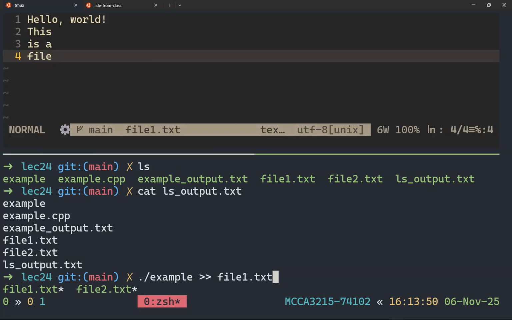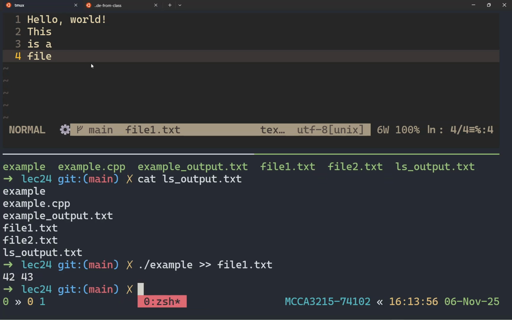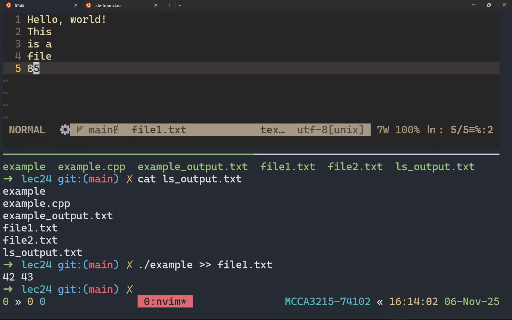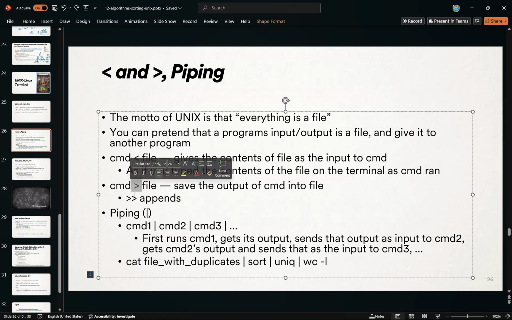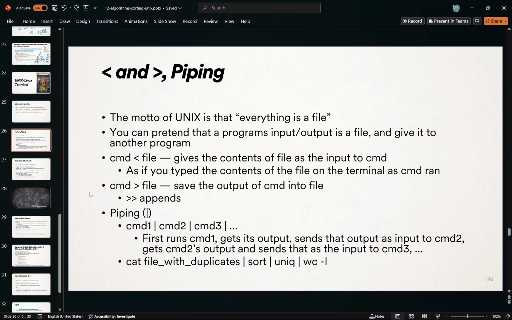If I run it and say append your output to that file, please, 42, 43. If I refresh this file, go back. There it is, 85. It's gotten added to that file now. That's kind of neat. So give files to a program as input. You can get output and redirect it to a file or append. Are we good with those?